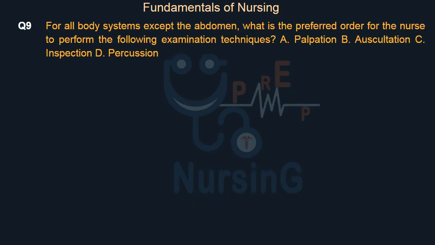For all body systems except the abdomen, what is the preferred order for the nurse to perform the following examination techniques? A. Palpation. B. Auscultation. C. Inspection. D. Percussion.